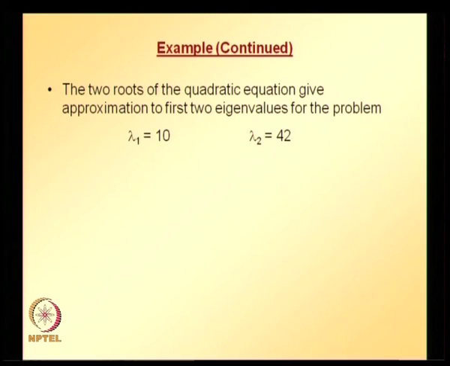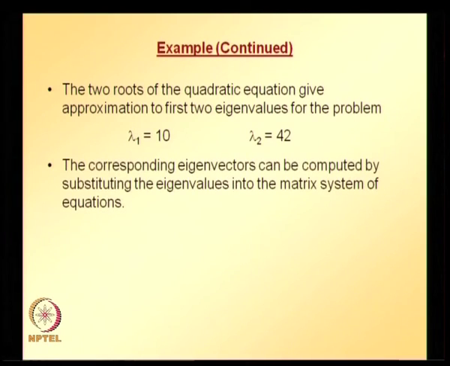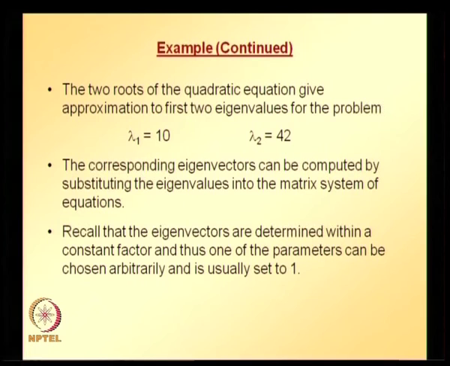Once you get the 2 roots, the corresponding eigenvectors can be computed by substituting these eigenvalues back into the matrix system of equations. I hope you are familiar with solving eigenvalue problems. Recall that eigenvectors are determined within a constant factor, and thus one of the parameters can be chosen arbitrarily and is usually set to 1, okay.